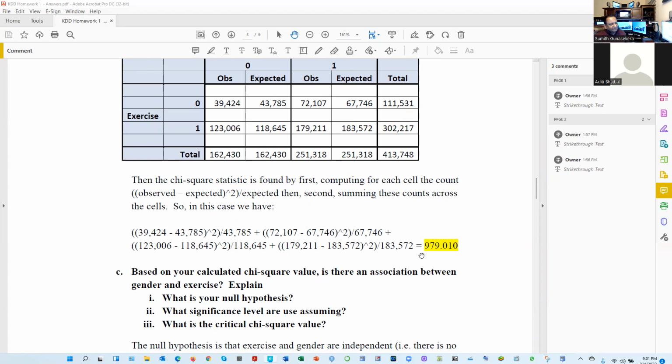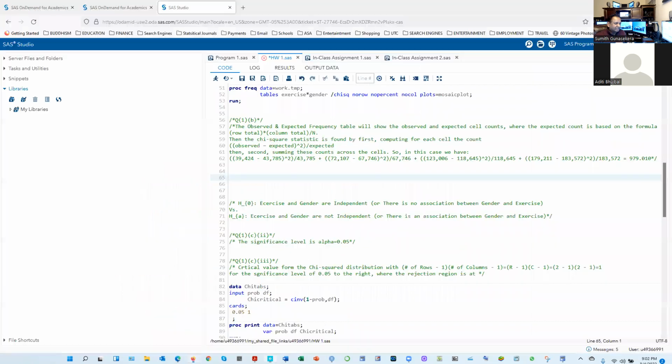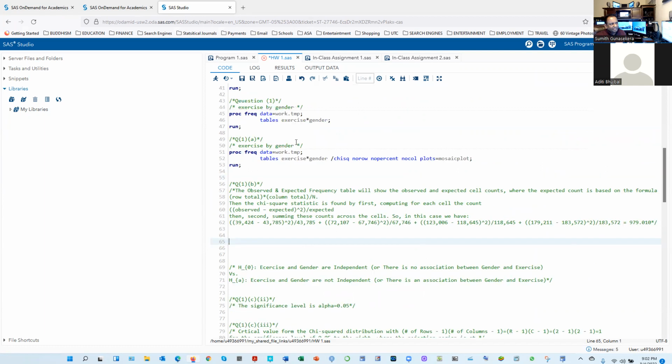This same chi-squared value you can see by running the code. Here you have to do it by hand, and you can get this verified by running it.